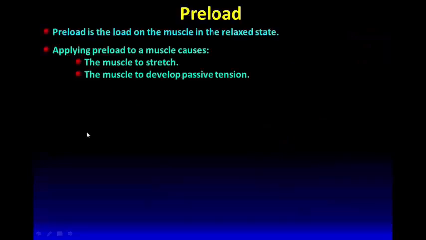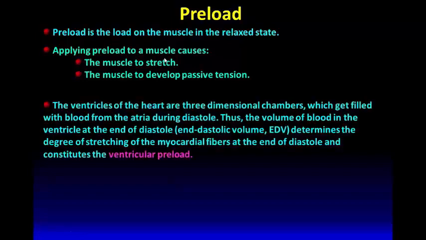What is meant by the preload? Preload is the load on the muscle in the relaxed state. And when a preload is applied to a muscle in the relaxed state, it causes the muscle to stretch. And as a result of stretching of the muscle, passive tension develops.